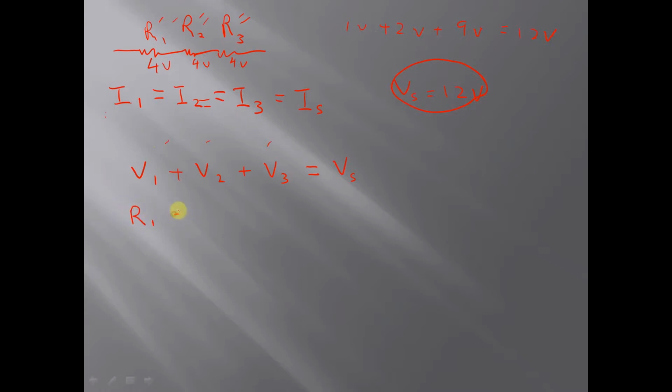Resistance number 1 plus resistance number 2 plus resistance number 3, kita namakannya sebagai total resistance, jumlah rintangan. Maksudnya adalah, katakan rintangan pertama adalah 1 ohm, 2 ohm yang kedua, 3 ohm. So apakah jumlah rintangan? Campurkan sahaja. Sesiri memang senang, campur terus dapat 6.